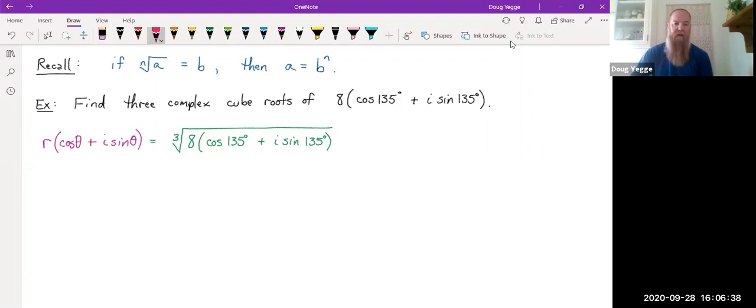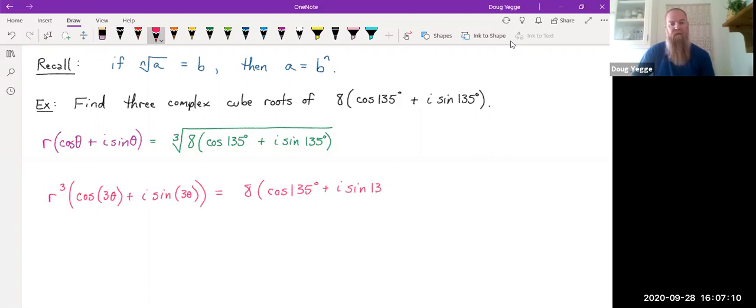It must also mean that if I were to cube both sides, that I would get r cubed times cosine of 3 theta plus i sine 3 theta should be equal to the quantity on the inside, should be equal to 8 times cosine of 135 degrees plus i sine of 135 degrees.